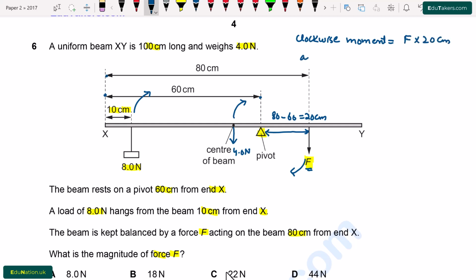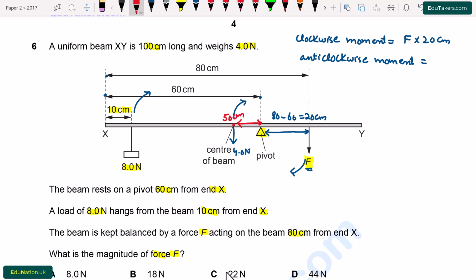Next, the anti-clockwise moment. It will be equal to, first of all, I consider the weight which is at this point, the center of the beam. The distance of this from the pivot point will be equal to 10 cm because the total length is 100 cm and the center of the beam is at a distance of 50 cm.